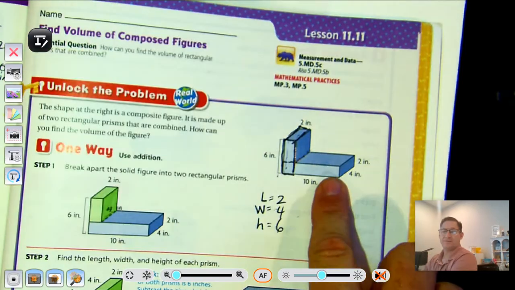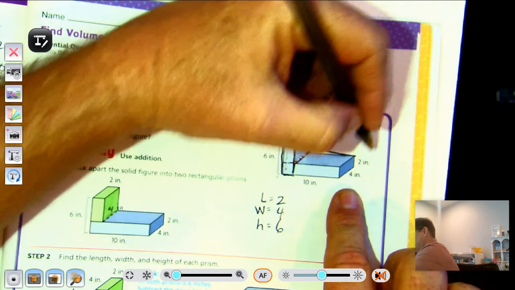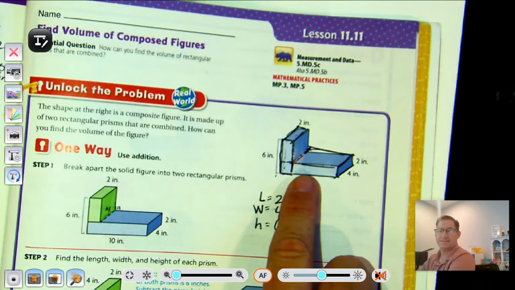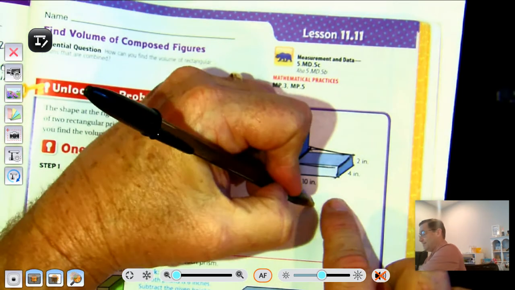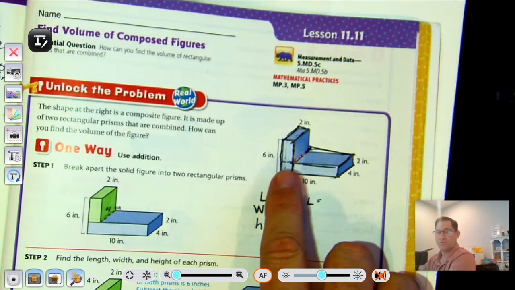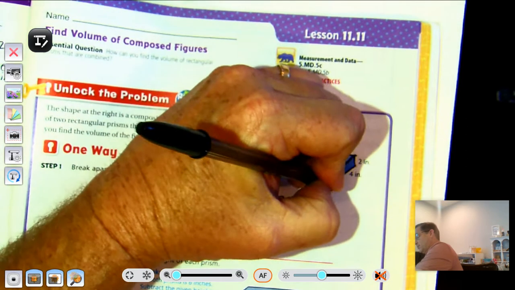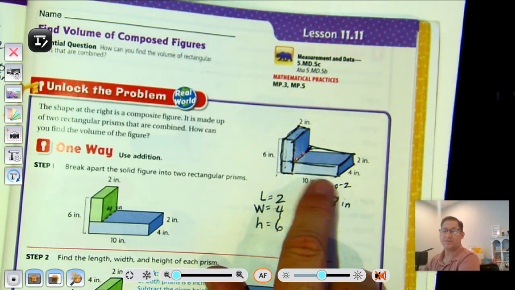And how about the remaining part? Well, the remaining part this time is just this section right here. So the length is no longer 10 because we have to subtract this part. So we're going to take 10 minus 2, and we have a length of 8 inches now in this one.